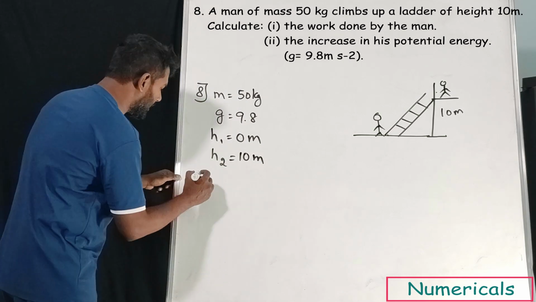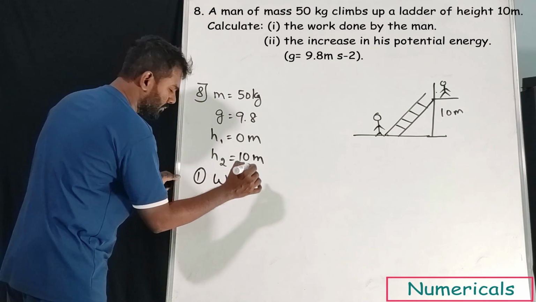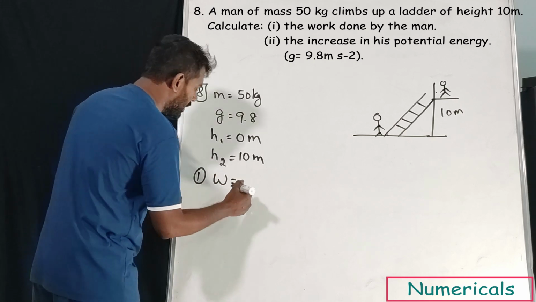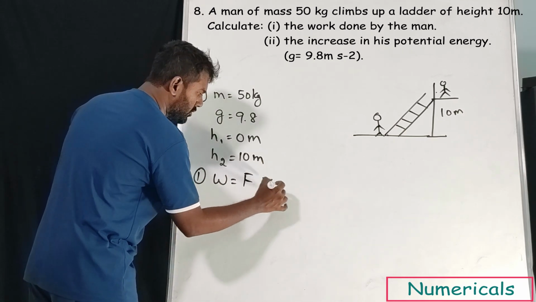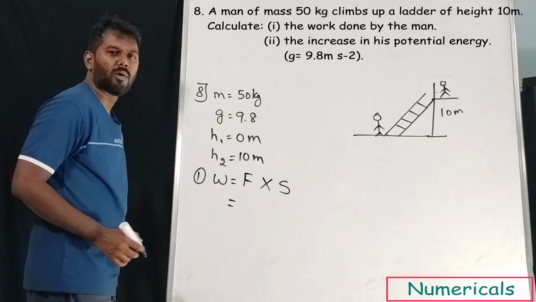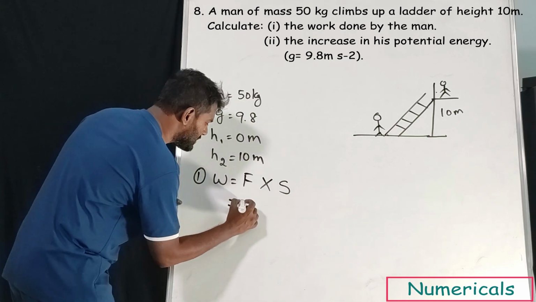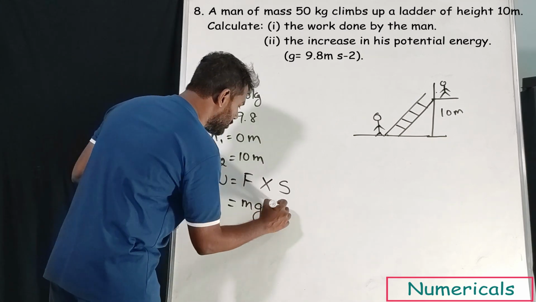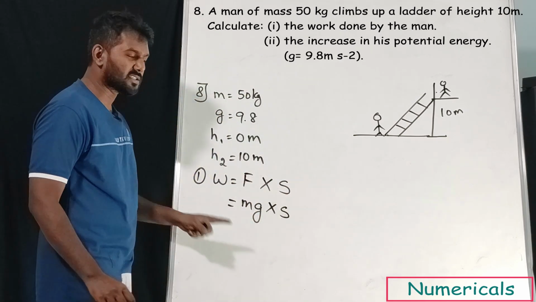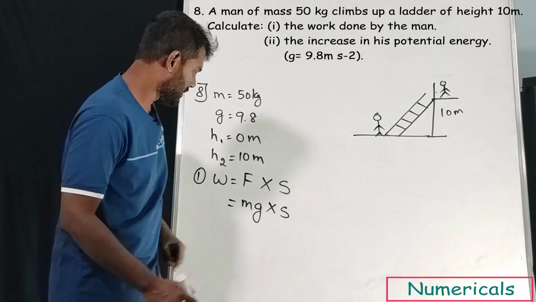Now we have to calculate work done. What is the work done formula? Work done is equal to force into displacement. What is the formula for force? Force is equal to mass into acceleration due to gravity, into S. Here in this case, S is nothing but 10 meter height.